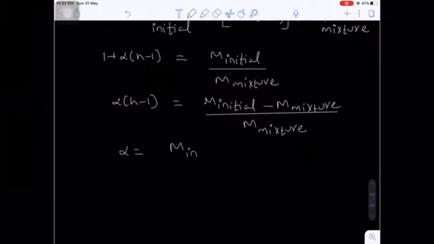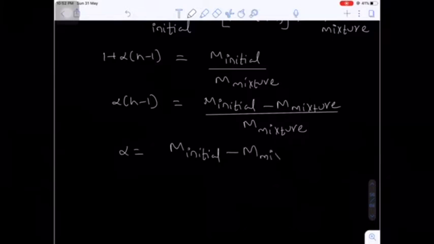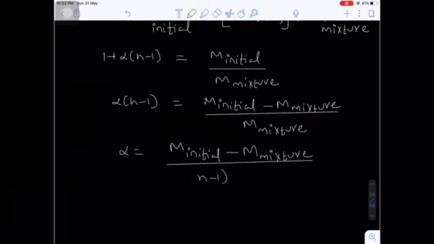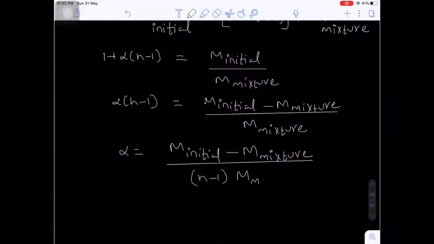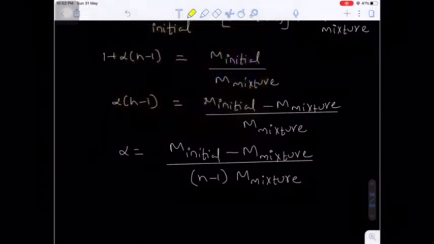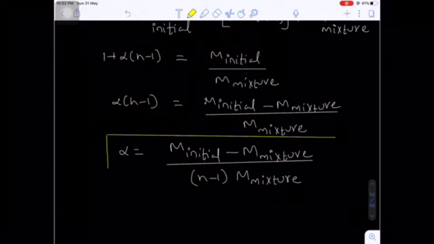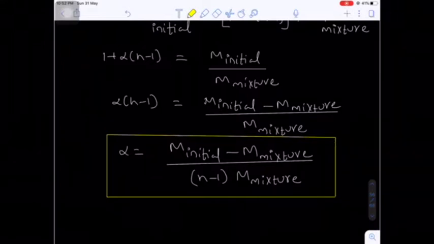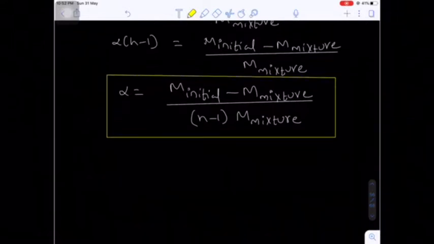So alpha is equal to molecular weight initial minus molecular weight mixture whole divided by n minus 1 into molecular weight of the mixture. So this is a very, very important relation between the degree of dissociation and molar mass. Are you getting my point?